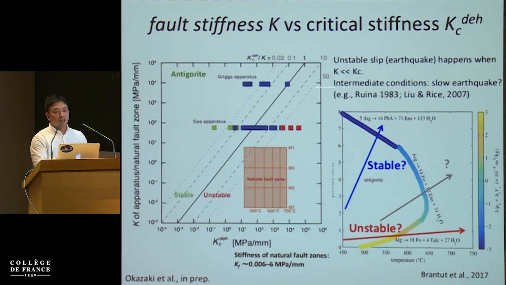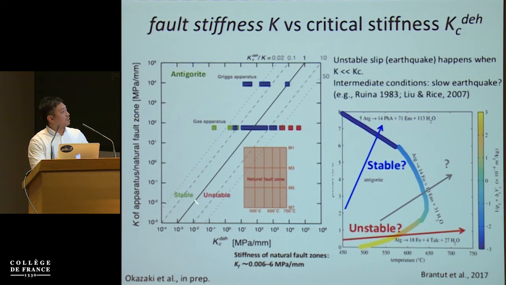I'm not sure, but that's possibly the reason why we couldn't observe fast slip using the D-DIA. And this is the case of antigorite. For lizardite, we have weakening, so the lizardite data could plot somewhere away from this region.